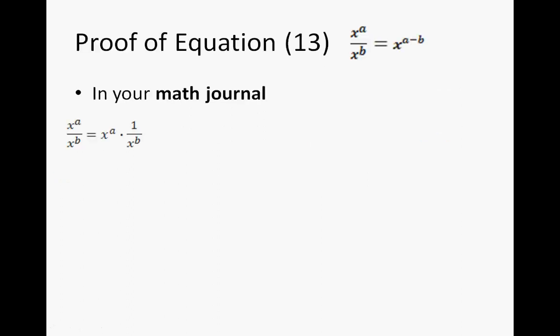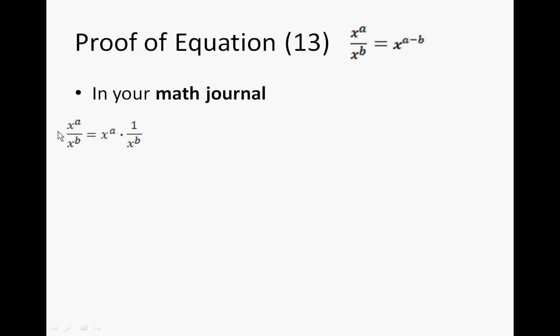All right, so let's do the proof of equation 13, and I put it back up here again so you know which one we're talking about. The one that says that x raised to the power of a over x raised to the power of b is the same as subtracting the exponents. So in your math journal, let's go ahead and start out by writing the proof.